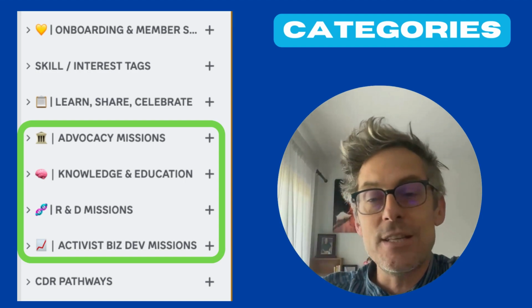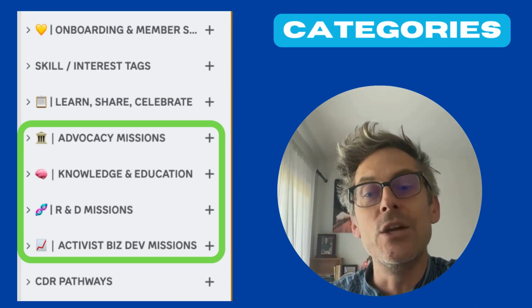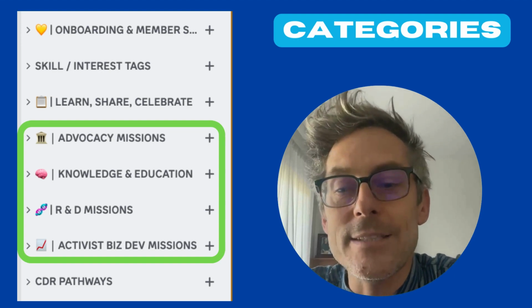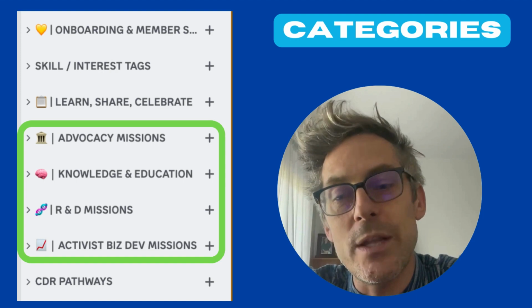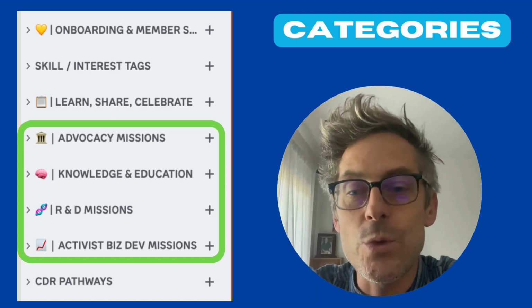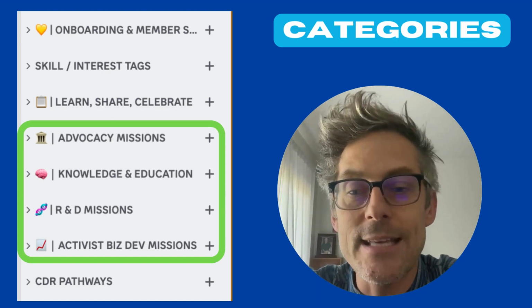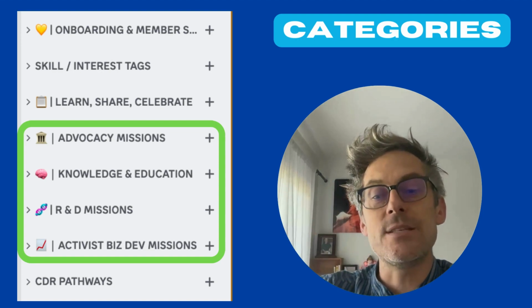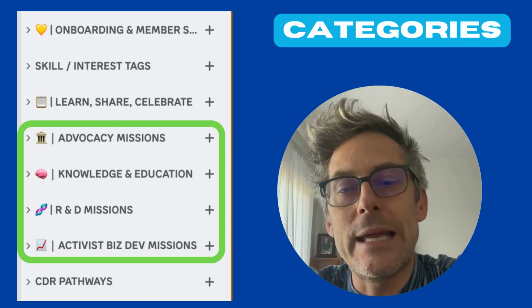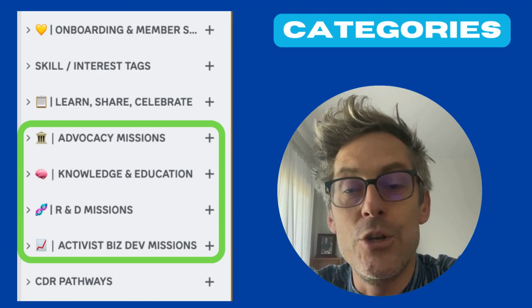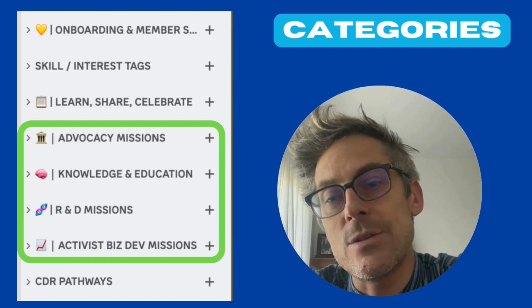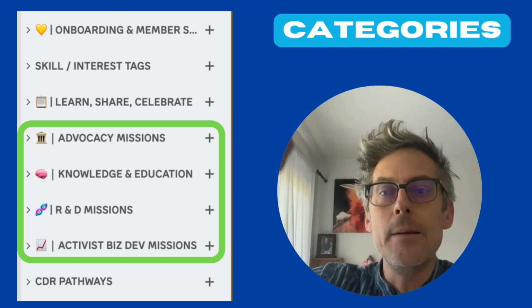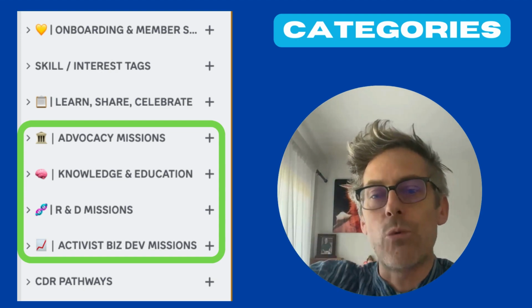Knowledge and education, missions related to providing good information about carbon dioxide removal. R&D missions, for the makers within our community working on open source devices or doing citizen science. And then we have business development, where some missions are related to trying to get a new business model or to help an existing CDR business overcome a goal. Those are the main mission categories, all right on top of each other.